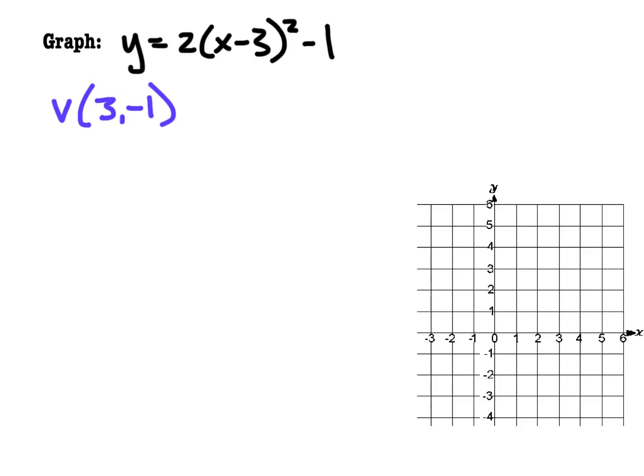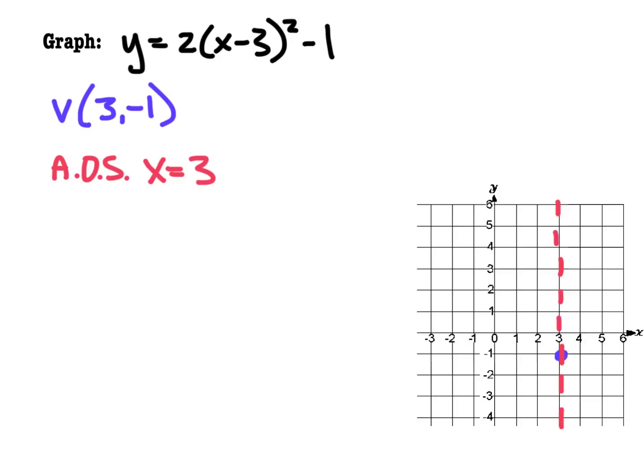So I go to 3, negative 1, and I plot my vertex. The axis of symmetry is going to go right through the x of the vertex, so it's going to be x equals 3. And remember, I keep putting x equals because the axis of symmetry is a whole line. So I go right through there.